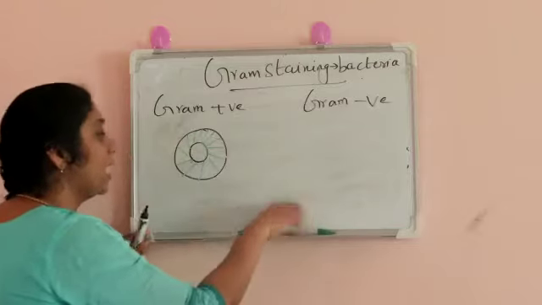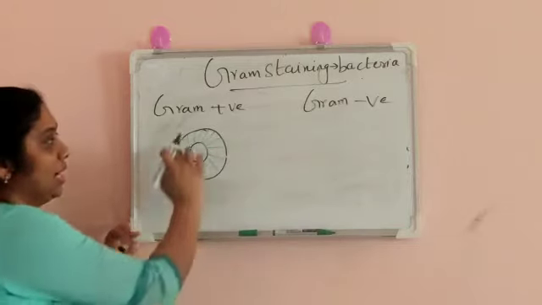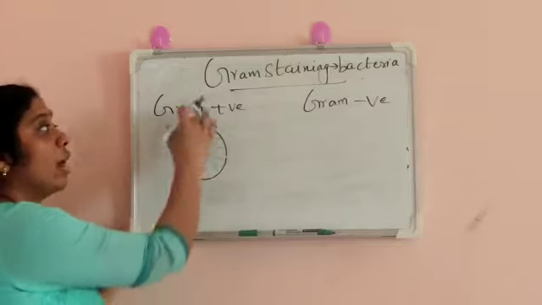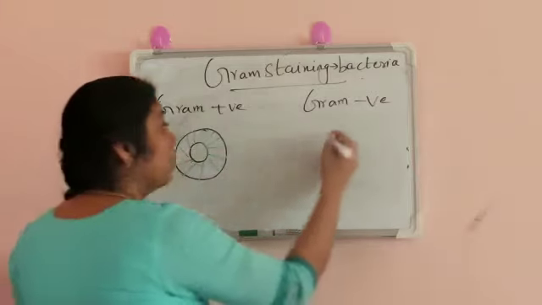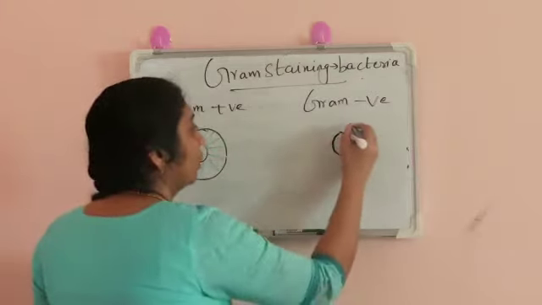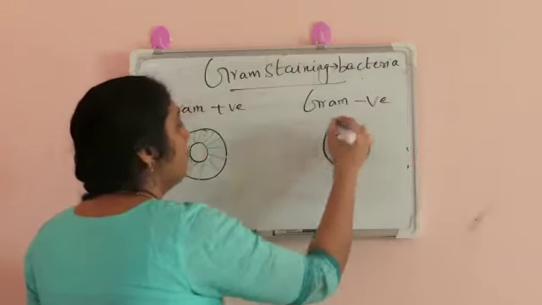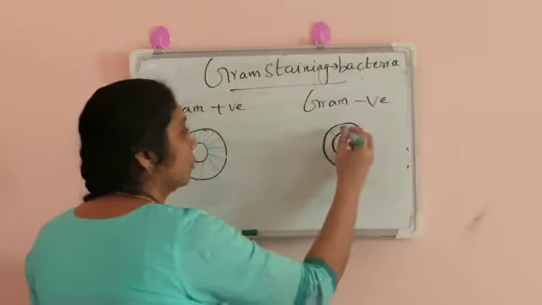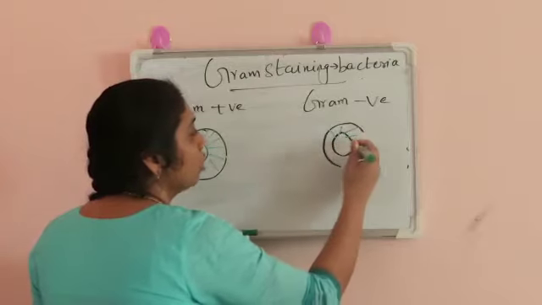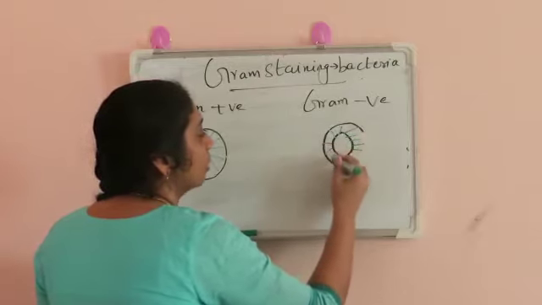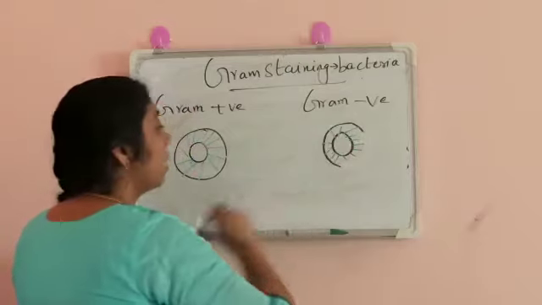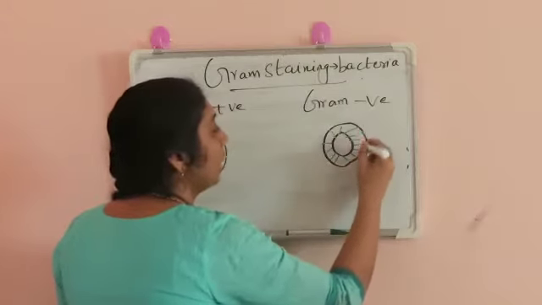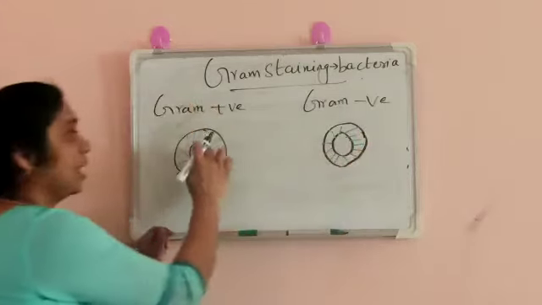Peptidoglycan is very thick in gram positive bacteria. In gram negative bacteria, peptidoglycan is thinner. Look here, this is thicker, this is thinner.